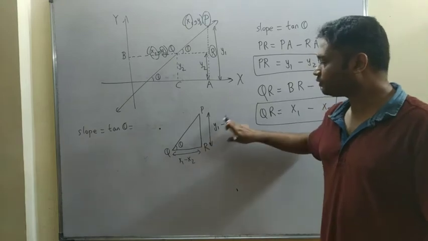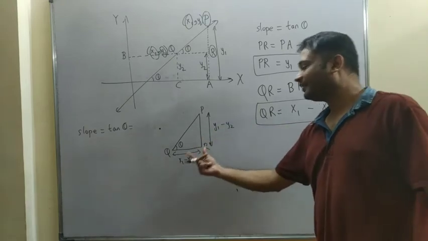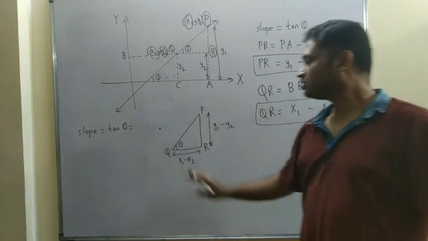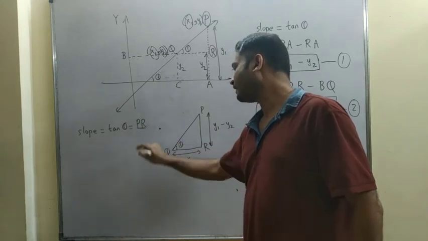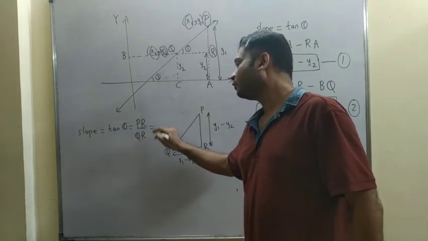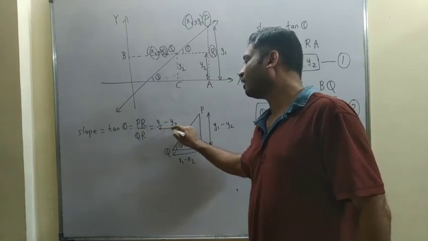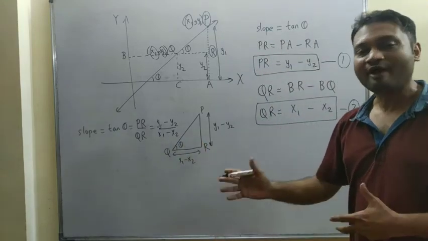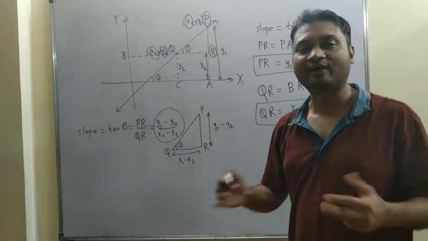Here the opposite side is PR, which is y1 minus y2, and the adjacent side is QR, which is x1 minus x2. So in this triangle, tan theta is PR upon QR, which is y1 minus y2 upon x1 minus x2. So we have a new formula for slope in terms of x and y coordinates.